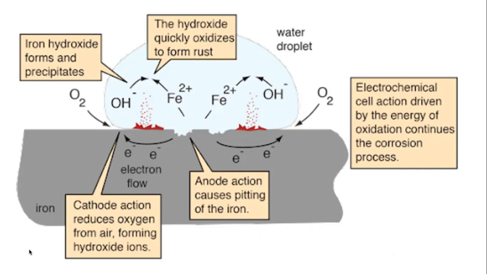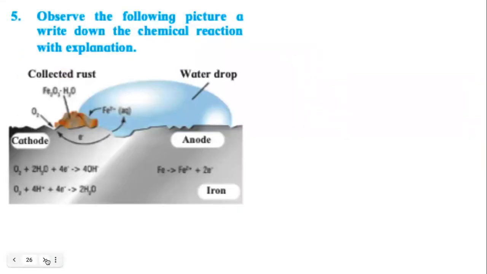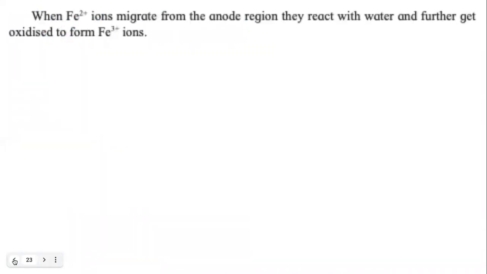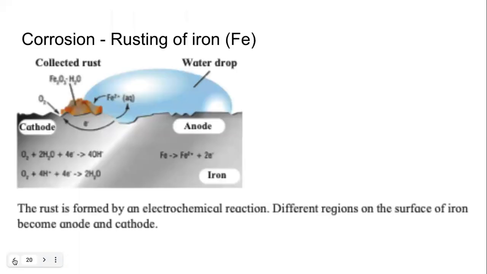With this, you should be able to answer this question in the textbook exercise. It says, observe the following picture and write down the chemical reaction with explanation. So what we have to write here is, even before that, we will have to say when iron is exposed to the air, something happens.